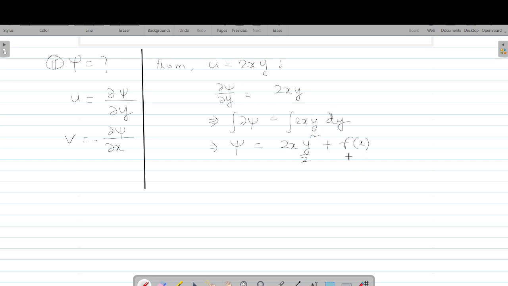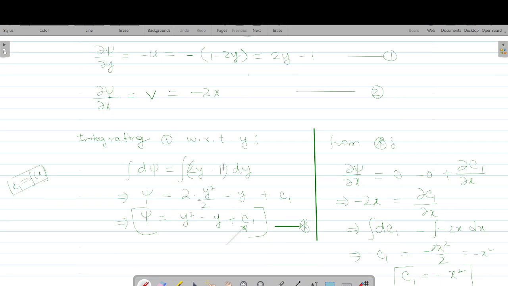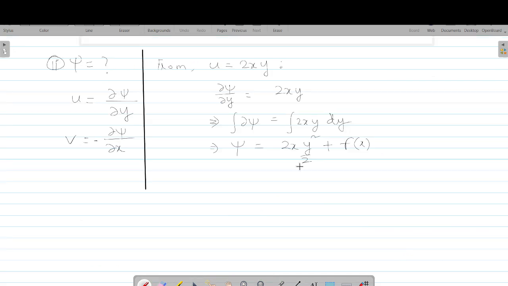So the constant of integration will be a function of x. In the previous case, we had already seen that if you were integrating with respect to y, we got a constant of integration that was a function of x. Now in this case it is the same: 2x into y square by 2 plus f of x.